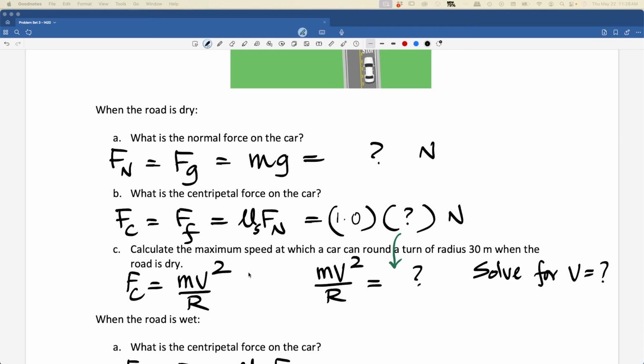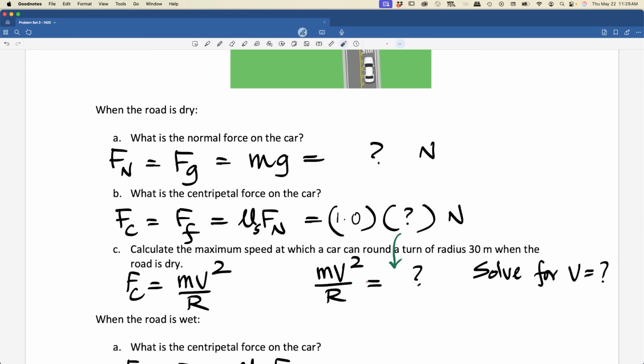Part C. Calculate the maximum speed at which a car can turn if the radius is 30 meters when the road is dry. Okay. Now, the formula for centripetal force is mass times velocity squared by radius.